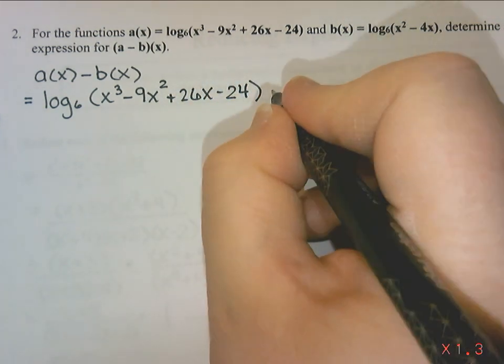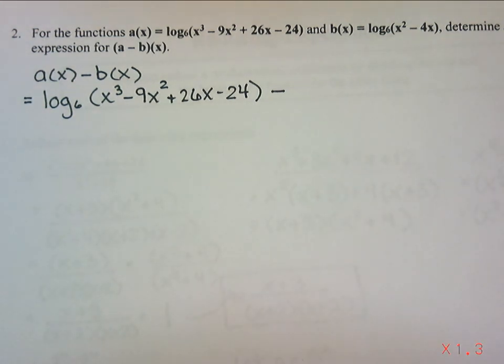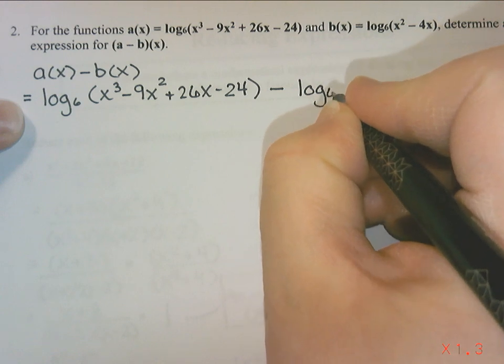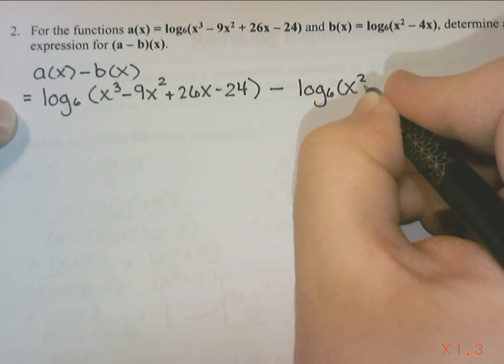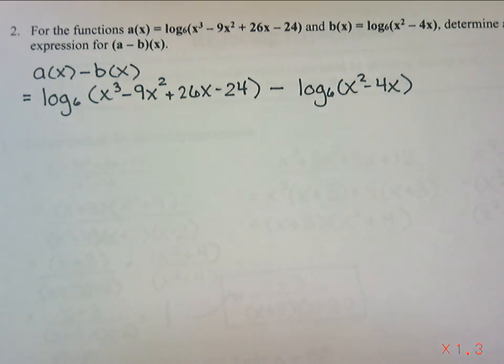And we are subtracting. Now that is one term, so it doesn't need an extra bracket around it. We're subtracting log base 6 of x squared minus 4x. Also, one term does not need to go in a separate bracket.